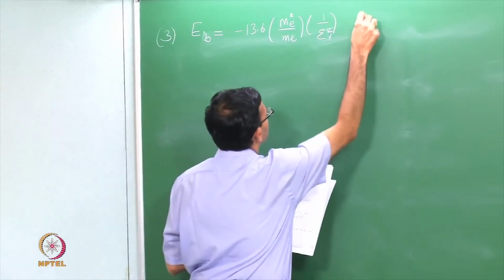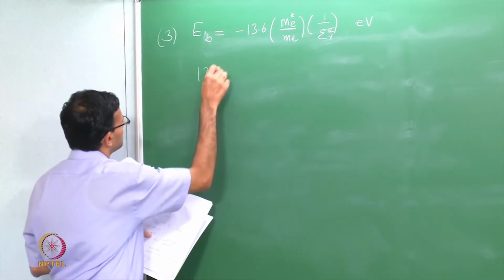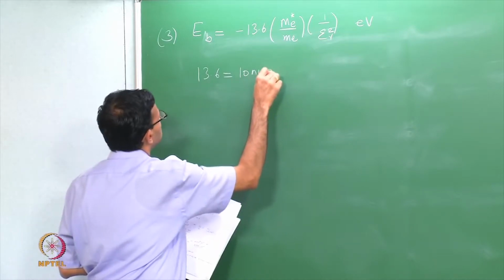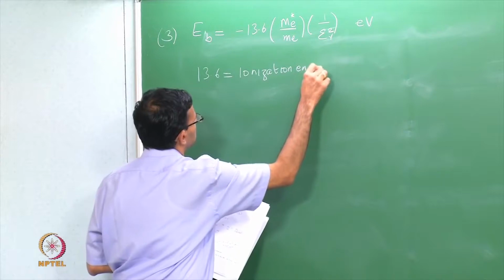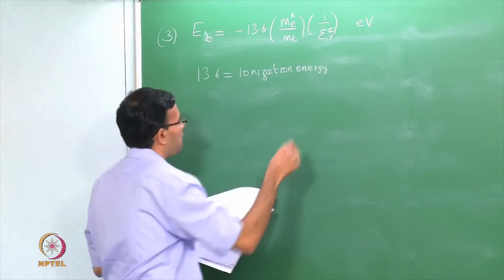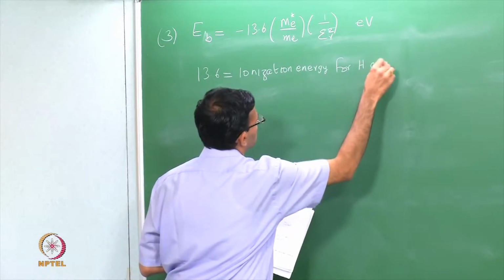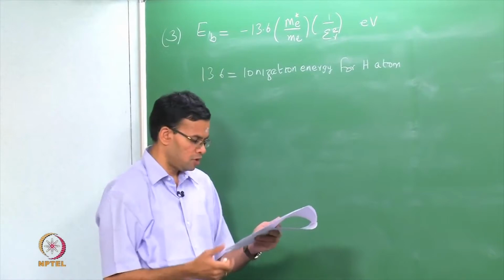This answer will be in electron volts. So, 13.6 is the ionization energy for the hydrogen atom. This value is in electron volts.